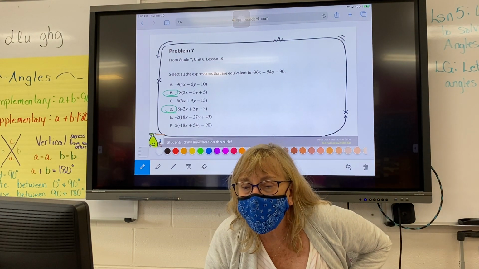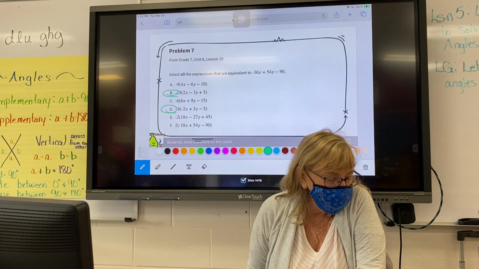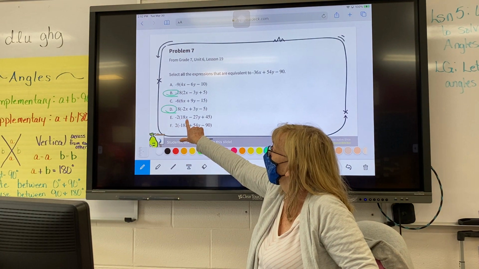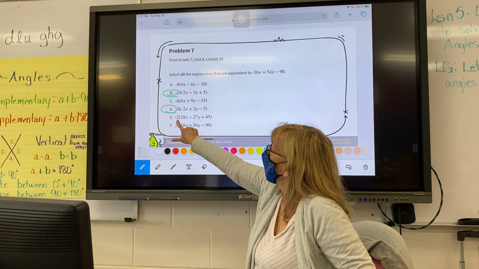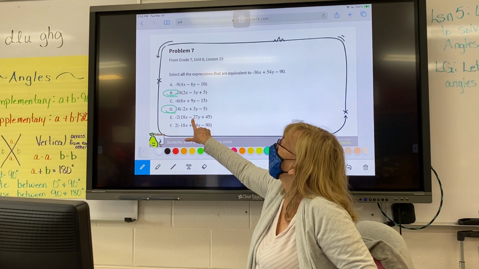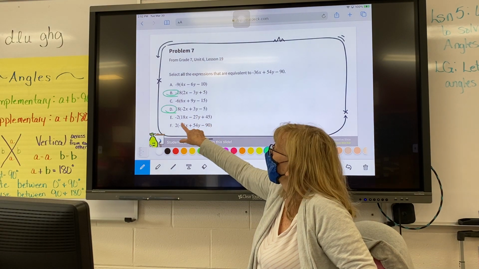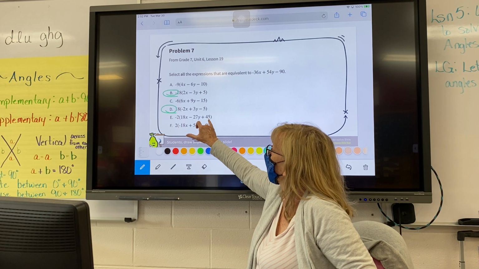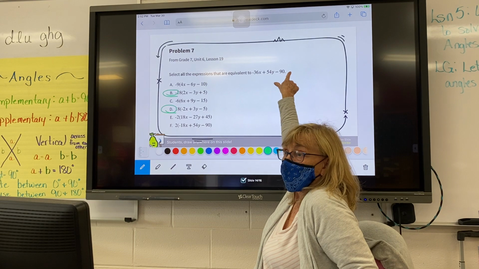All right. Coop, you picked E. Prove it to me. Negative 2 times 18x is negative 36x. And negative 2 times negative 27y is 54y. And remember the subtraction sign goes with the 27. And negative 2 times 45 is negative 90, and that subtraction sign belongs with that 90.